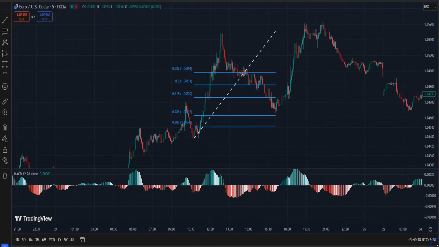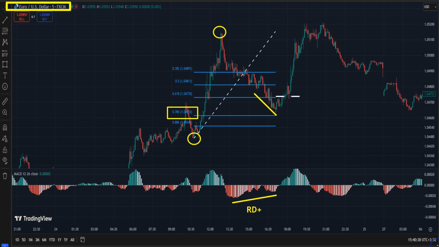In the EUR/USD chart on the 5 minutes time frame, during a certain movement, we used Fibonacci retracement to accurately identify the end of the corrective wave at the 0.786 level. At the same time, a positive divergence was observed at this level.